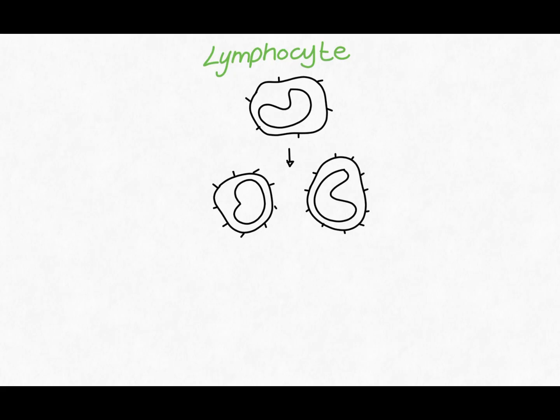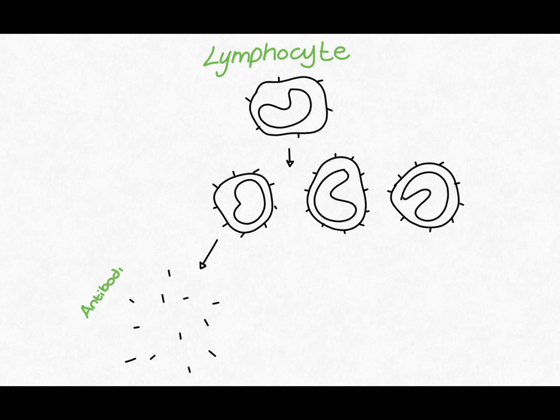These lymphocytes will have receptors on their cell membranes that would recognize the pathogen that entered the body. Some of these lymphocytes will produce antibodies for agglutination and the initiation of phagocytosis, and some of these lymphocytes will be made as memory cells to be kept in the body for when the pathogen enters the body again. That is when a person gets reinfected.